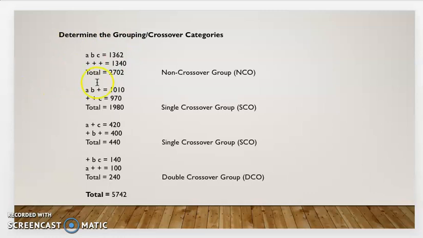So down here I have categorized them into our non-crossover group, our single crossover group, and our double crossover groups. And we can see that the offspring ratios match up with the ABC and the +++ sequences, and same with our single crossover groups and then our double crossover group with these similar ratios.